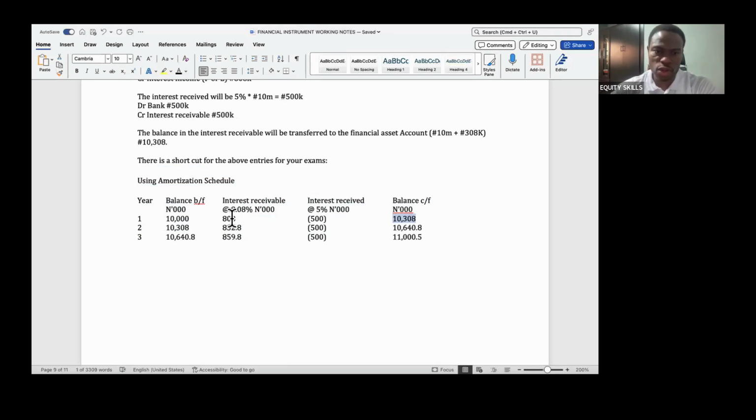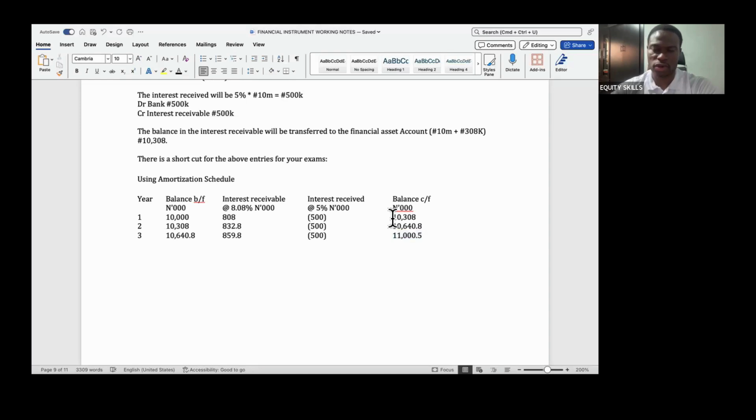And of course, don't forget that what goes to P&L as interest income are these amounts here under this interest receivable. Don't ever forget that. That is what goes to P&L as interest income. While these amounts are the amortized cost, or the value of the financial assets, that goes to your statement of financial position under your assets at the end of each year. So it could either be current or non-current assets.